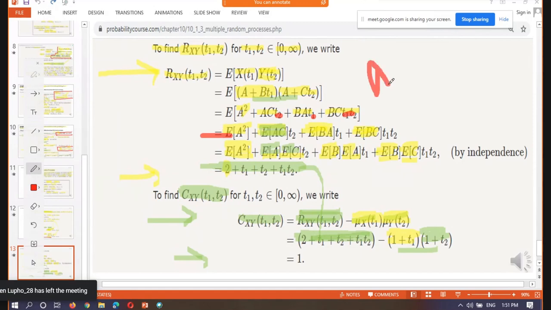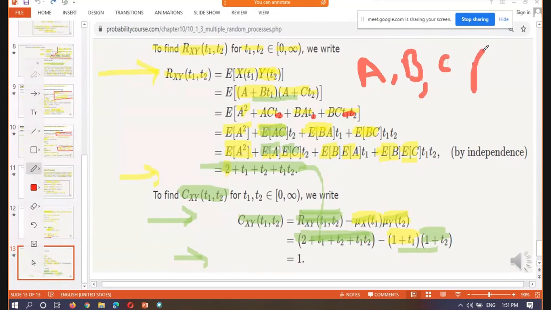Since A, B, and C are following N(1,1), you know that expectation of A square, expectation of B square, and expectation of C square are 1, because we calculated this in earlier classes.